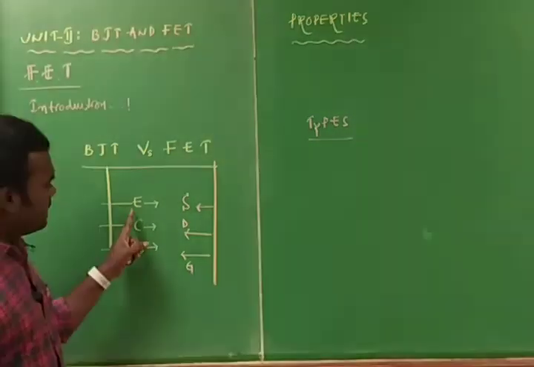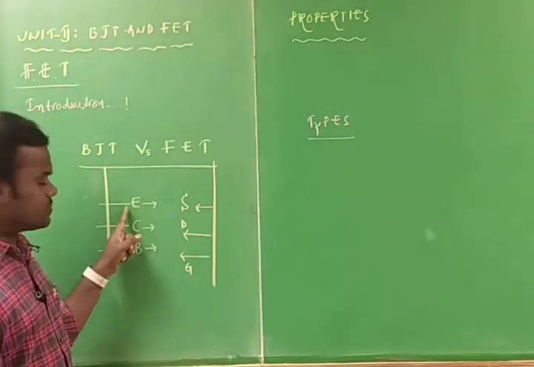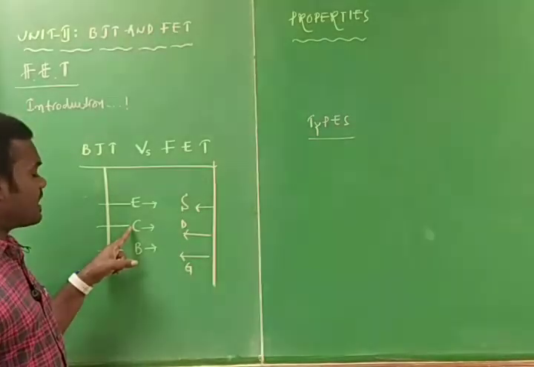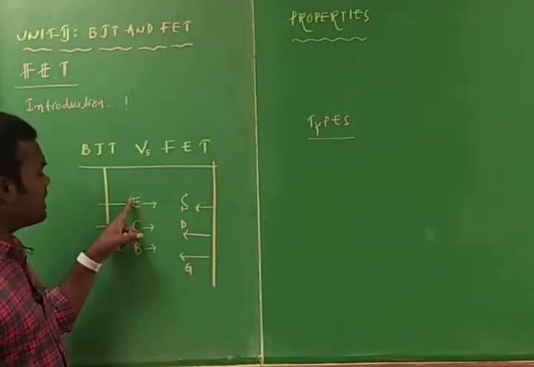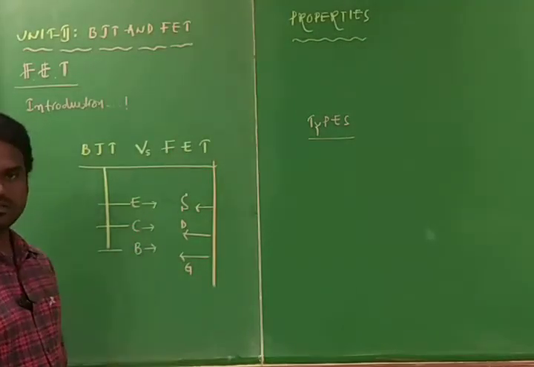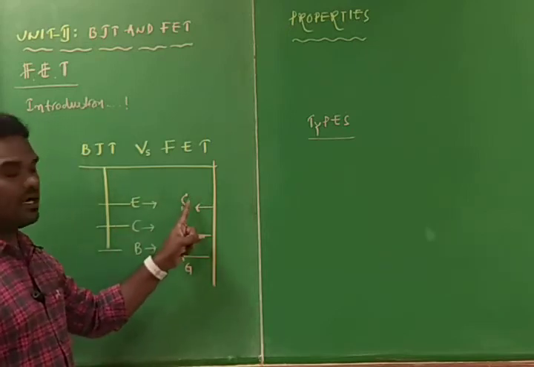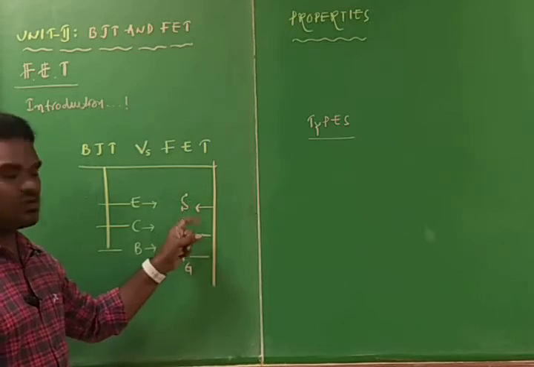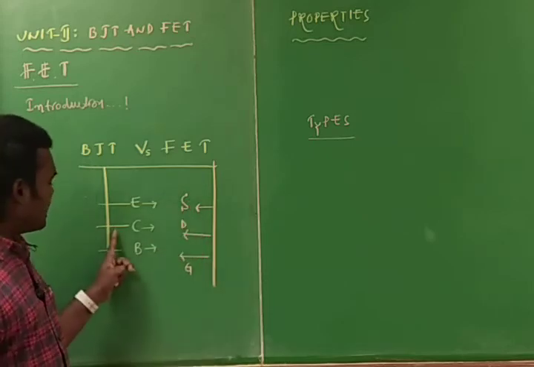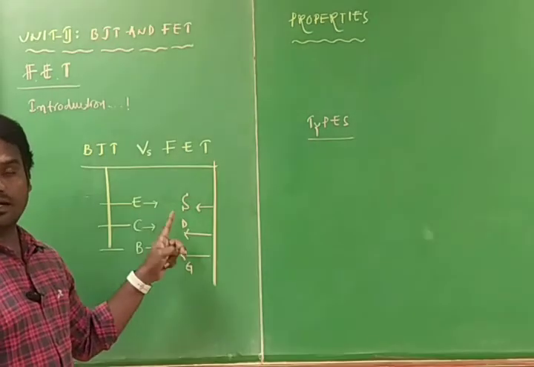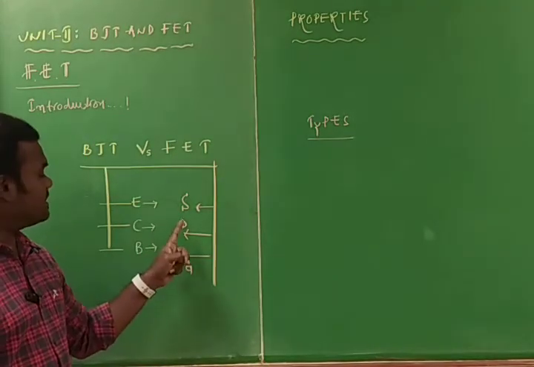The emitter is used to emit the charge carriers to the base, and the collector is used to collect the charge carriers from the collector and base. Whatever function the emitter does will be done by the source here, and whatever the collector does will be carried out by the drain.